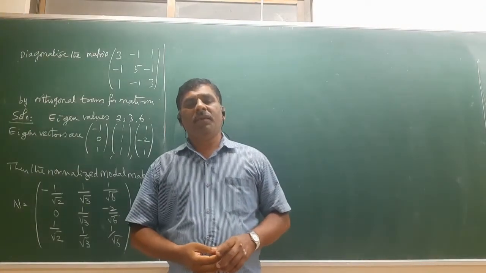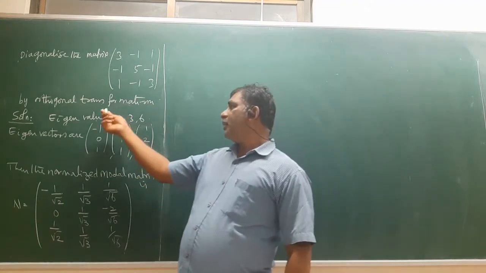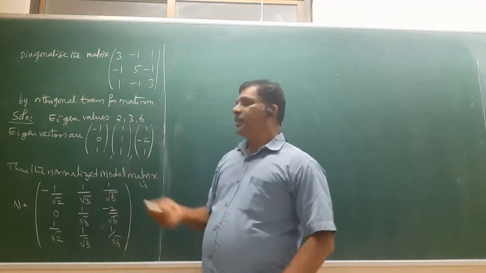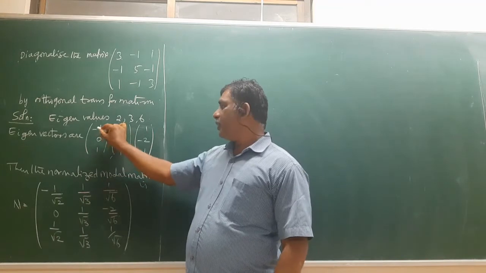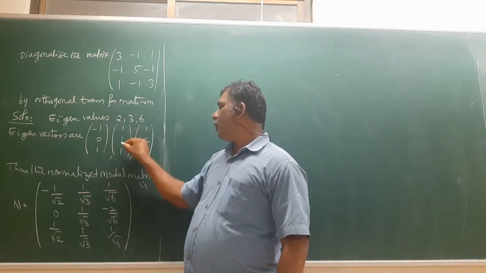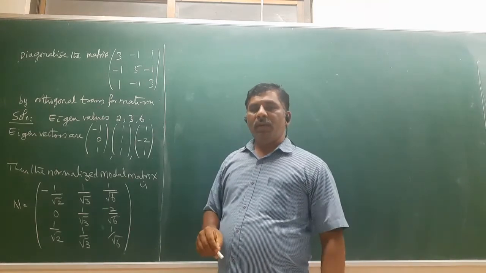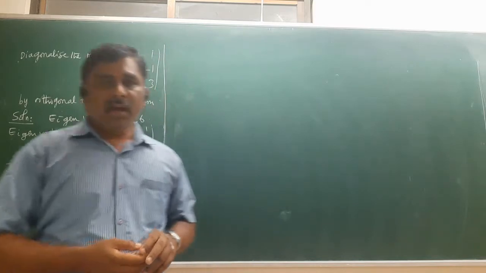Continuation of the problem. First we found the eigenvalues for the given matrix: 2, 3, 6. Then we found the eigenvectors: minus 1, 0, 1; 1, 1, 1; and 1, minus 2, 1 respectively. Next we are forming the normalized modal matrix.